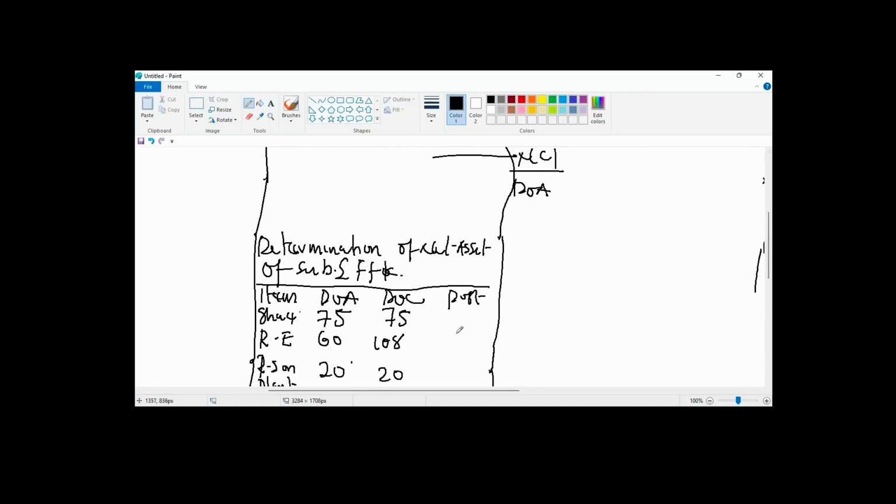That will give me 48. 48 is shared between the parent and NCI.